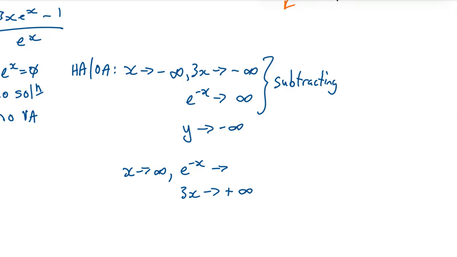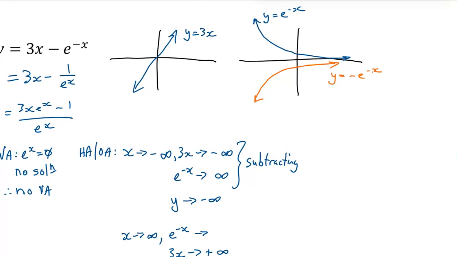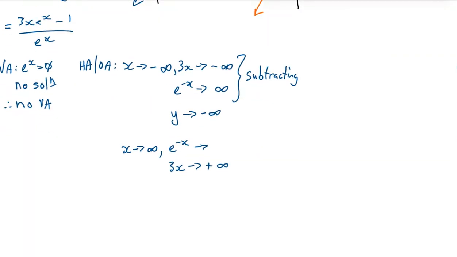What does e to the negative x go to the right? Goes to 0. So this is similar where that part is going away. What's happening? Oblique asymptote.